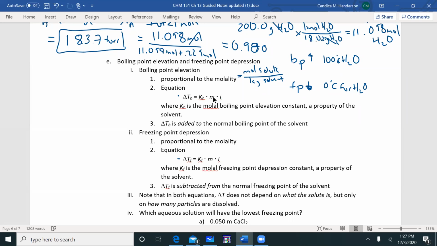As far as little m, that's our molality, so that's our moles of solute over our kilograms of solvent. And then we have our i value, which is our van 't Hoff factor, which is dependent on how many particles we have. Something that breaks down into a lot of particles, we're going to see that change increase.